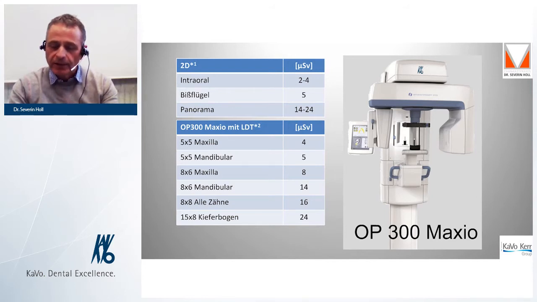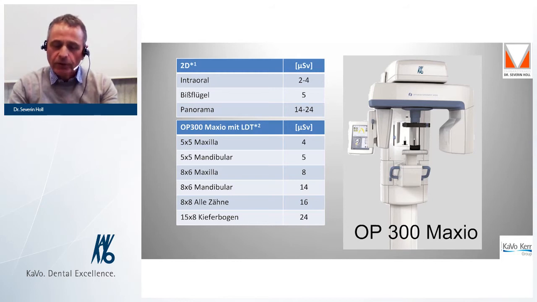For implant planning, a volume of 8 to 6 centimeters is definitely sufficient. And if you now look at the radiation dose of about 14 microsievert, you can see that we are absolutely in the range of a panoramic image. Thus, we have no higher radiation exposure compared to a two-dimensional planning.